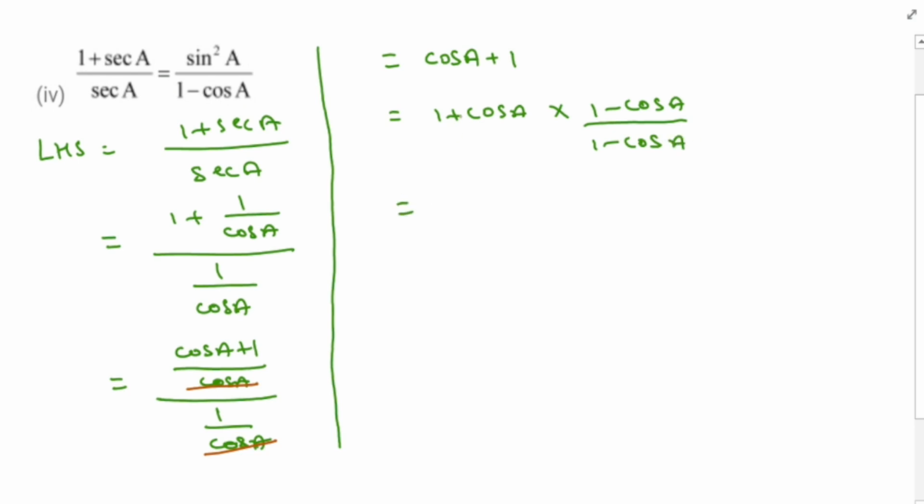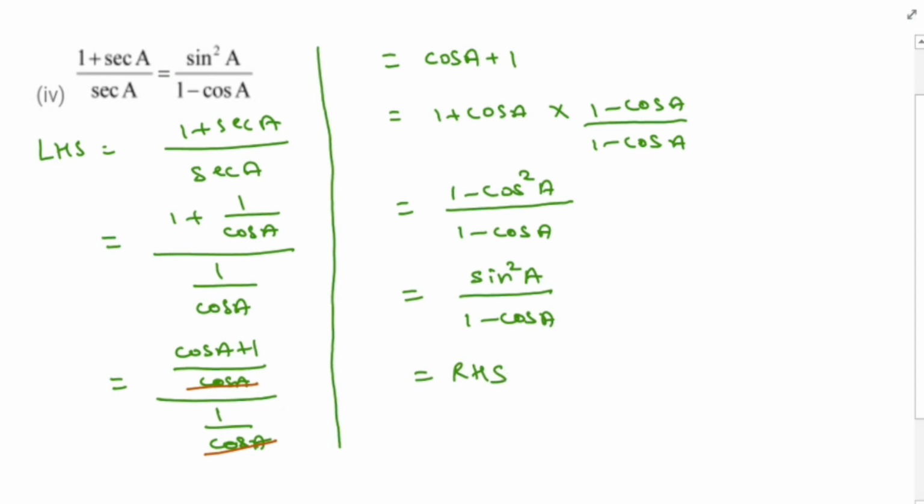In the numerator it is same as a plus b into a minus b, therefore it is a square minus b square. 1 square is 1, cos square a divided by 1 minus cos a. 1 minus cos square a is sin square a divided by 1 minus cos a, which is RHS.